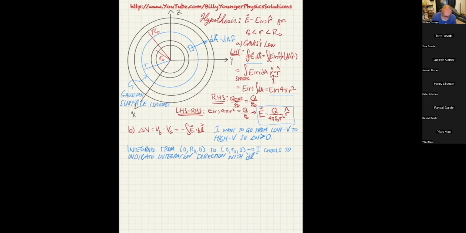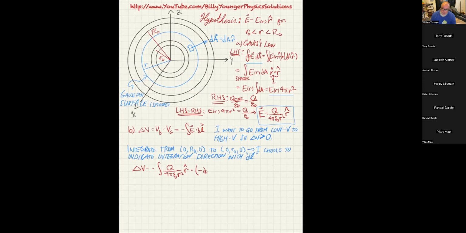So now I can say delta V is equal to negative integral. Now it's negative because we're actually using the electric field as if the electric field is doing the work. So that's why that's negative. But the electric field, of course, is Q over 4 pi epsilon naught r squared r hat. And then that's going to be dotted with negative dl.